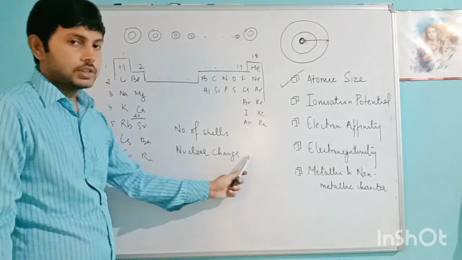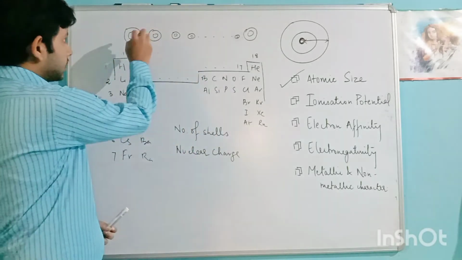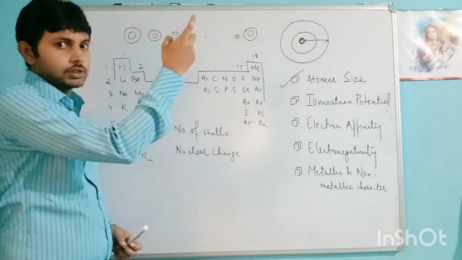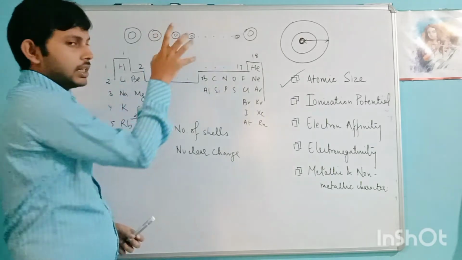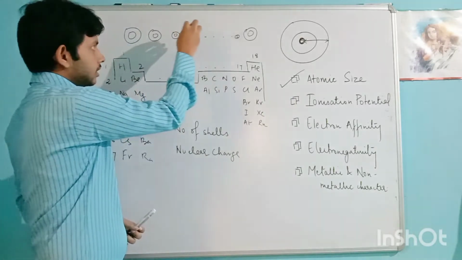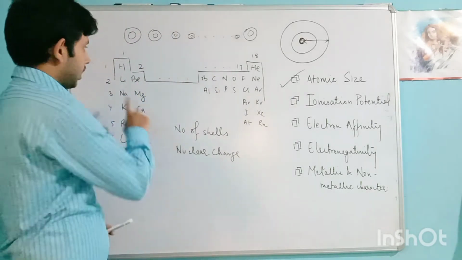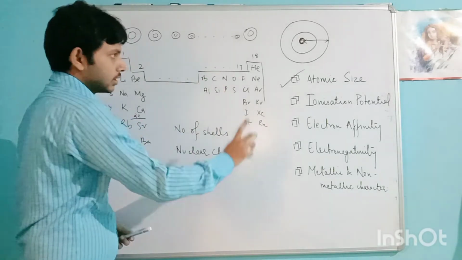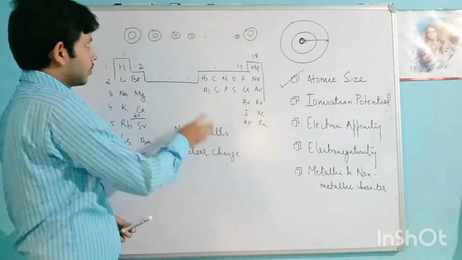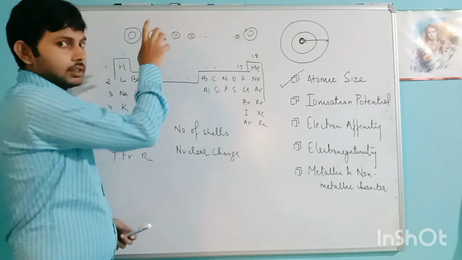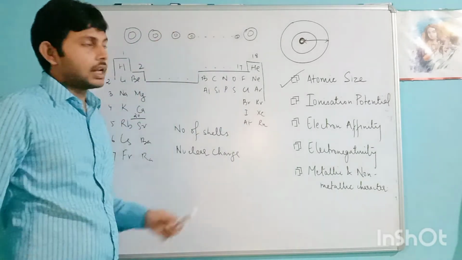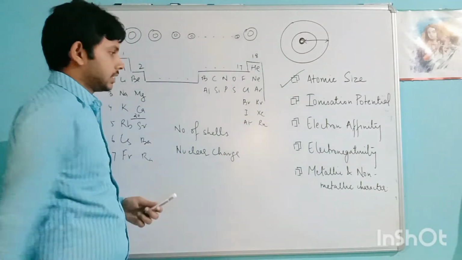So nuclear charge increases, the attraction between the outermost shell electrons and the nucleus increases, so it makes the size small. Across the period, nuclear charge increases, so the center attracts the outermost shell and the size decreases.